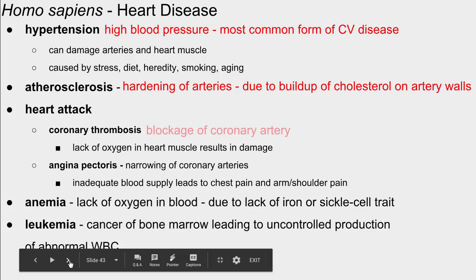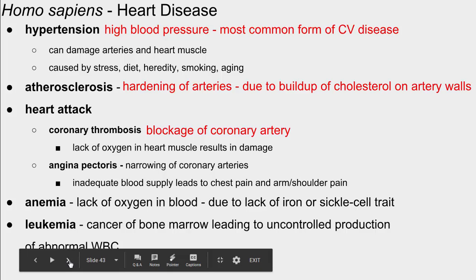A heart attack. Heart attacks can be caused by various things. One common thing that happens is the arteries that lead to the heart, the coronary arteries, can become blocked. And because the heart muscle itself is not getting its supply of blood and oxygen, the heart can't function, eventually it shuts down, and then the rest of the body can't get the material it needs.